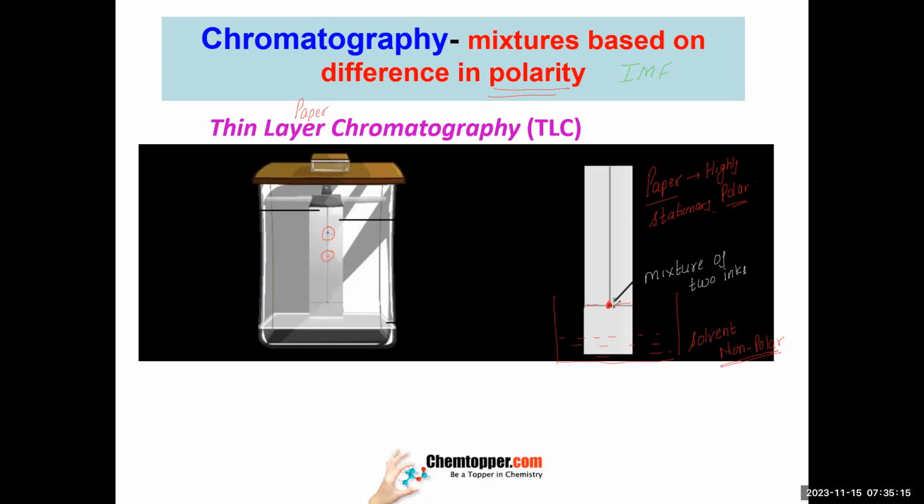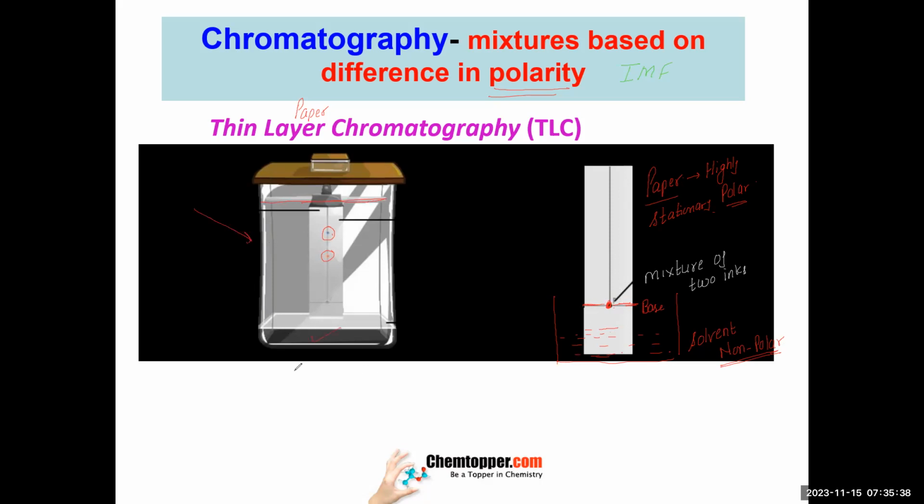Now this is called the baseline. This one is the baseline. Okay, now what happens? The solvent will start rising like this. You have to ensure that it stands vertically, so this is the apparatus shown here.